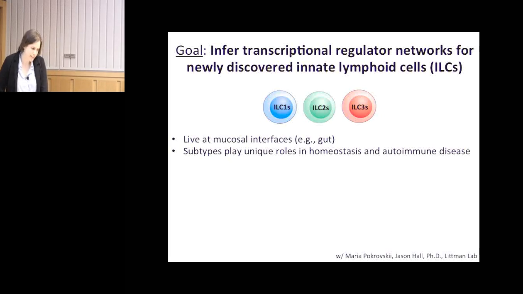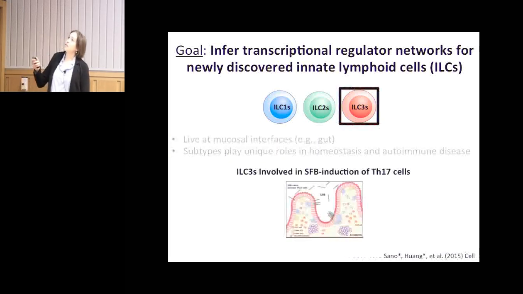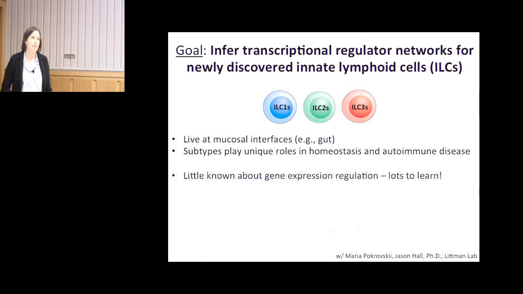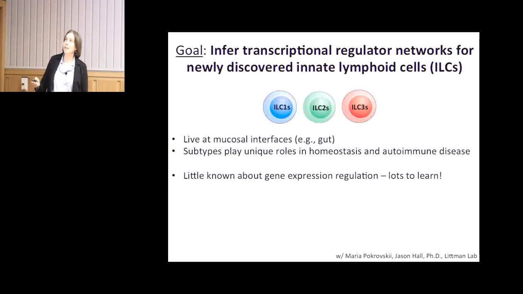I'd like to highlight ILC3s because they're actually involved in the induction of SFB-induced Th17 cells, which I mentioned briefly. Importantly, as an exciting research topic, little was known about their gene expression regulation, so there's a lot to learn.